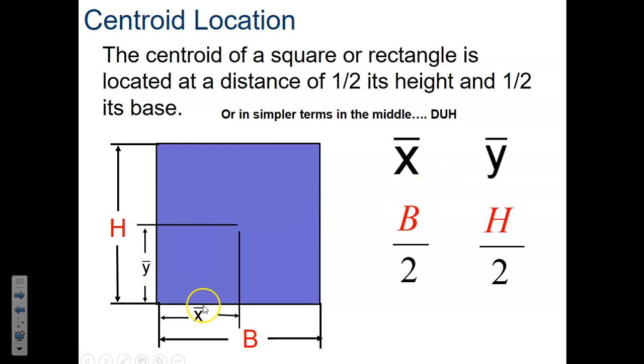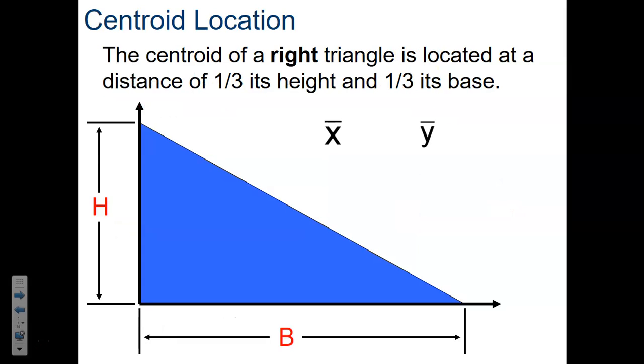So the x centroid is one half of the base length, just halfway over, and the y centroid is one half the height, or basically just halfway up. So no big deal there. It's in the middle.